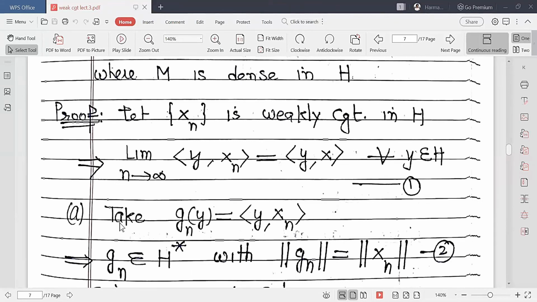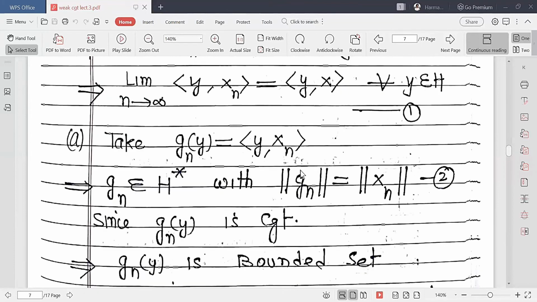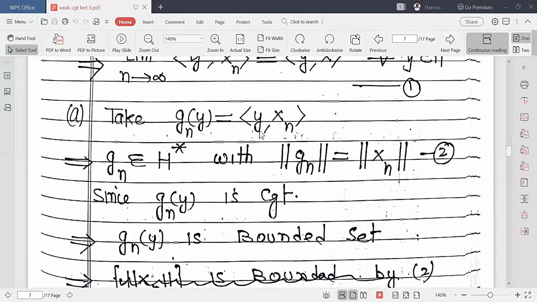If we take Gn(y), which is equal to the inner product of y comma xn, then by the first part of the Riesz representation theorem, the inner product is a bounded linear functional with the norm of Gn equal to the norm of Xn. So it implies Gn belongs to H star with the norm of Gn equal to the norm of Xn.